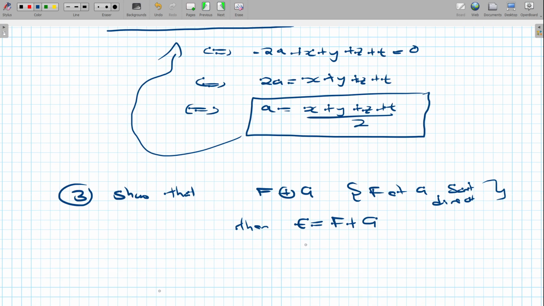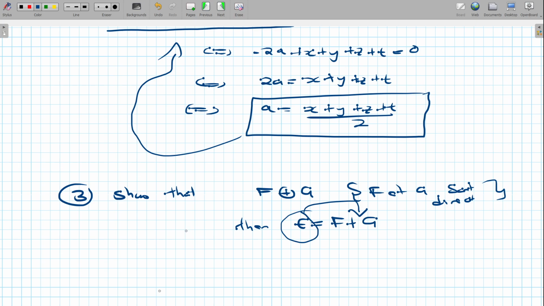The only thing that's left for us to show is that every vector that I choose in E can be decomposed uniquely. Supplementary means every vector in the parent space can be decomposed into two components: one component in the first subspace, which is F, and the other component in the second subspace, G. And this decomposition has to be unique.